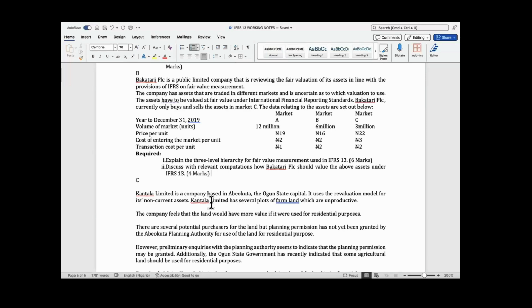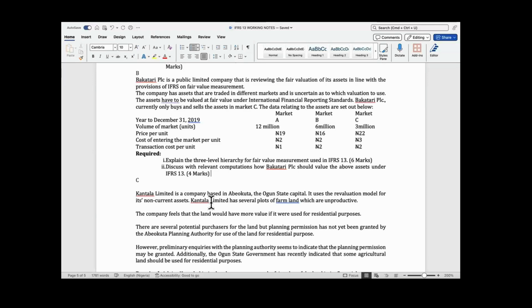Atakari PLC is a public limited company that is reviewing the fair valuation of its assets in line with the provision of IFRS on fair value measurement. The company has assets that are traded in different markets and is uncertain as to which valuation to use. The assets have to be valued at fair value under IFRS standard.